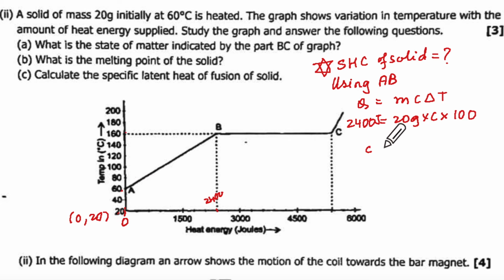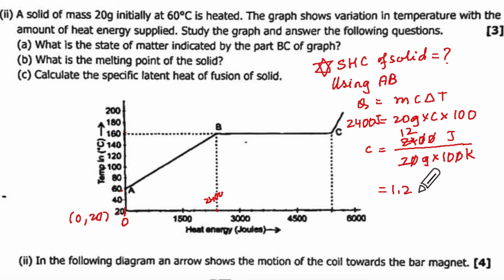So C will be equal to 2400 joules upon 20 gram into 100 Kelvin, I'm saying, rather than degree C. It will be 12 joule per gram per Kelvin. How 12? 1.2. 1.2.